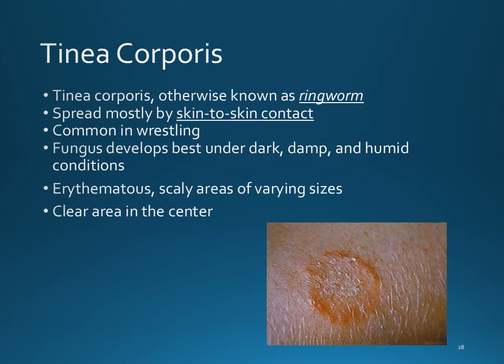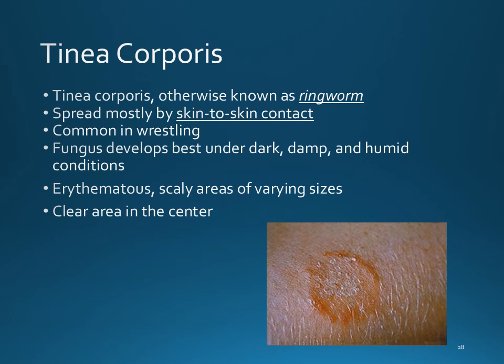It's spread through skin-to-skin contact. Most of these are going to fall under that. And then the other thing with fungal infections, a fungus loves what kind of environment? Dark or light? Dark. Moist or dry? Moist. Warm. Exactly. Those three things are right where a fungus wants to live. Okay?